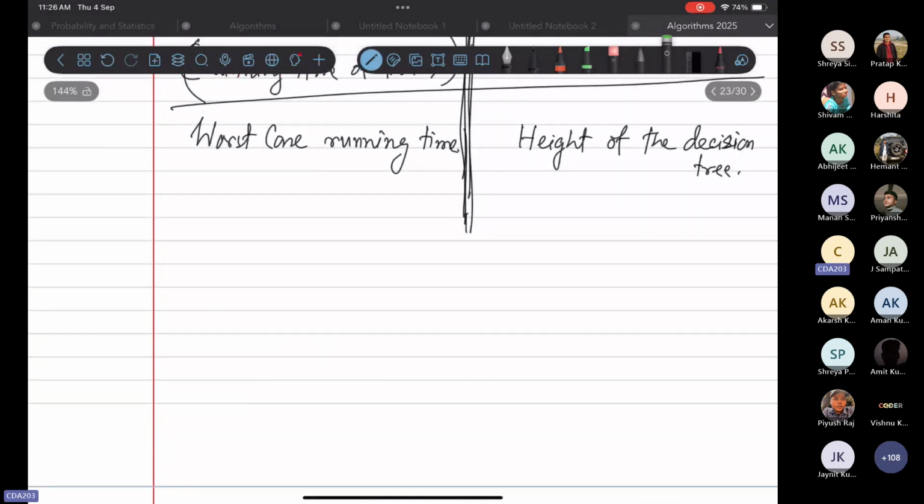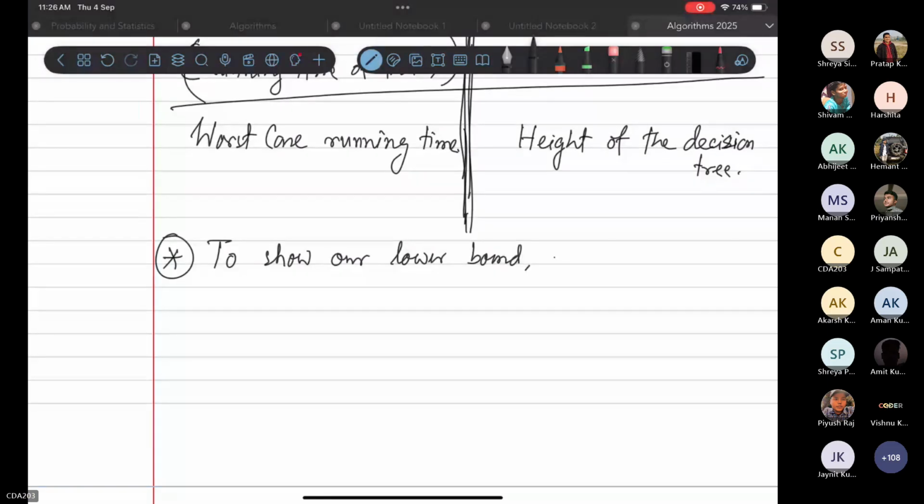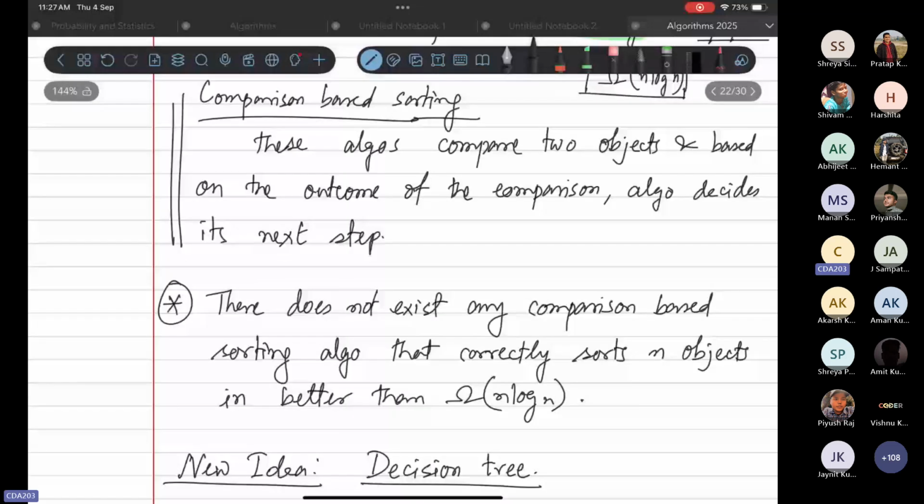So let me restate what I just said. I'm again restating the same thing, but this time the result is mentioned in terms of a decision tree, using the analogy between comparison based sorting algorithms and a decision tree, right?